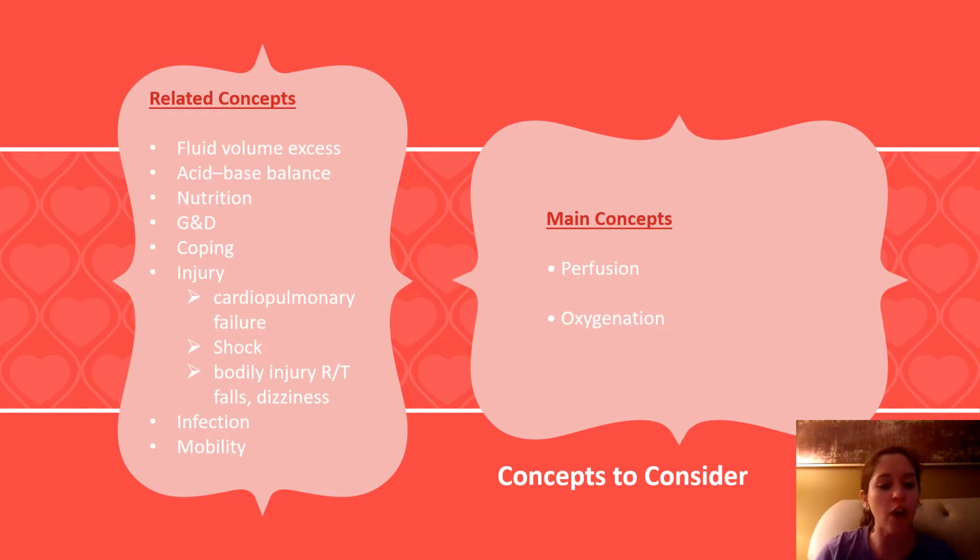And then we know if the heart's in dysfunction, we're at risk for cardiopulmonary failure, we're at risk for shock, we're at risk for bodily injury related to poor perfusion and poor oxygenation. And if we're having a backup of fluid overload, where does fluid like to go? It goes to the lungs, so we're at risk for infections.